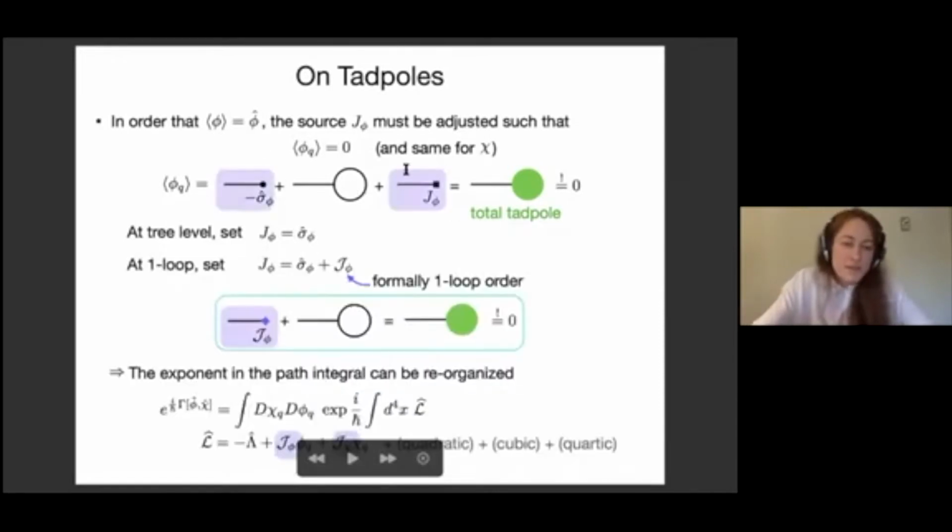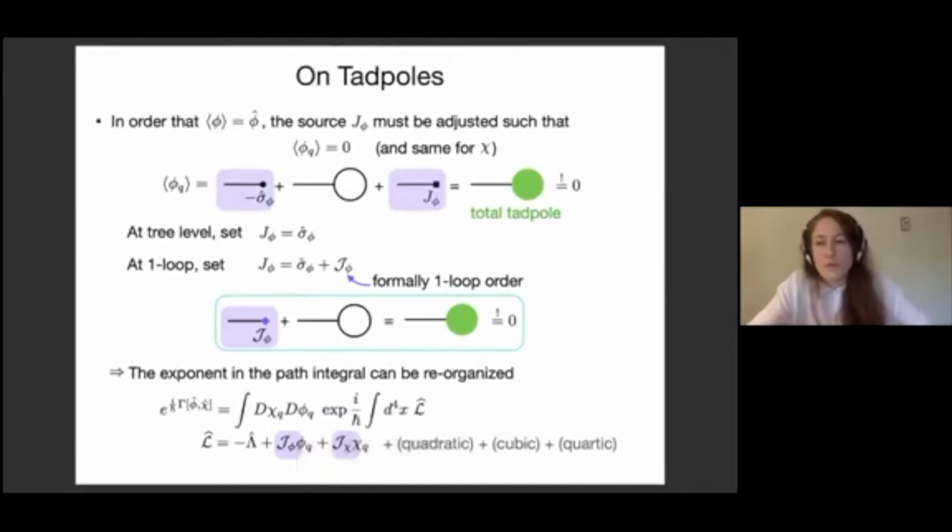At one loop level, I need to adjust the source to make this true. So we're going to impose that by setting j phi equal to the tree level piece plus a piece, which I'll call curly j, which is formally one loop order. This curly j is being set equal to the combination of these two graphs in purple here.